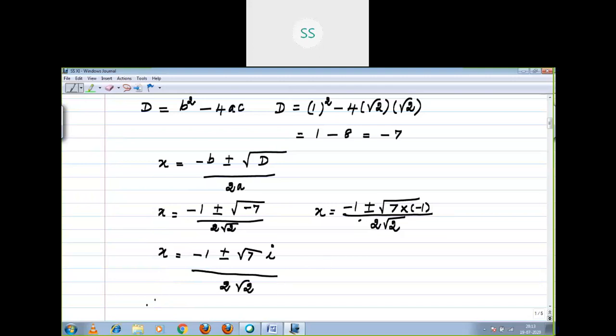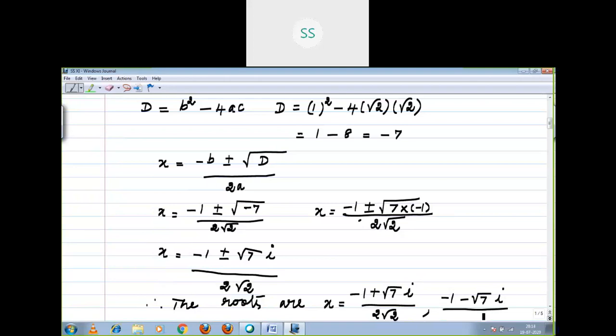Now, therefore, the roots are x is equal to minus 1 plus root 7i divided by 2 root 2, comma, minus 1 minus root 7i divided by 2 root 2.